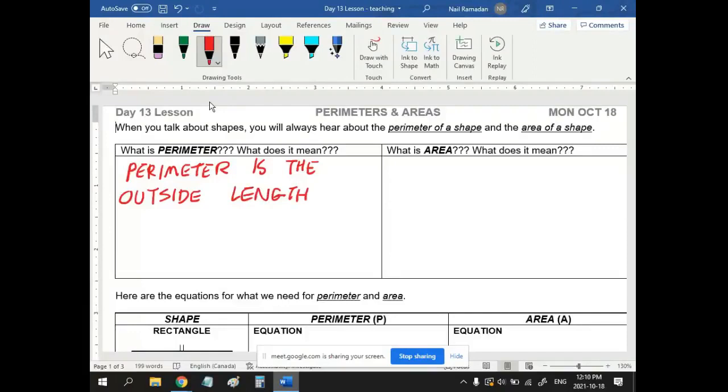So if you sketch absolutely any shape and you want the outside length, you just walk outside and you see how long the entire shape is. So outside length, or the addition of all sides.